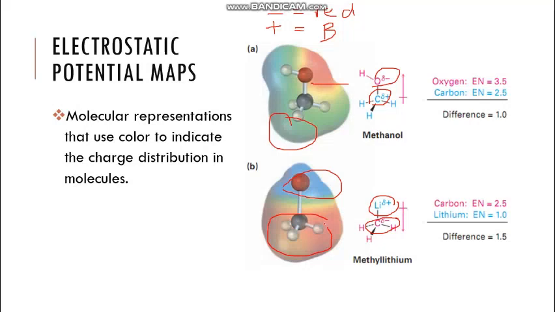Now, bakit ba kailangan yung electrostatic potential maps? They are useful and helpful because they show at a glance kung saan yung electron rich at electron poor atoms in a molecule.